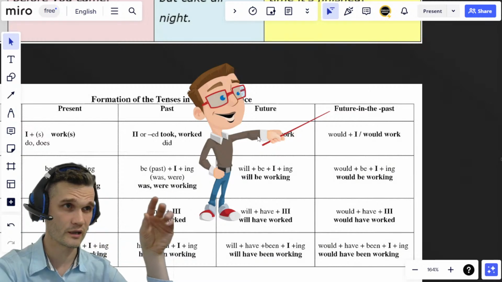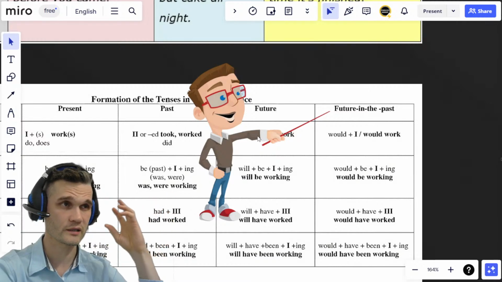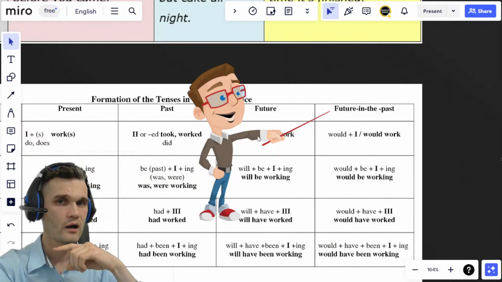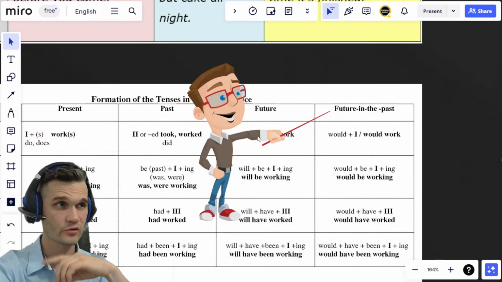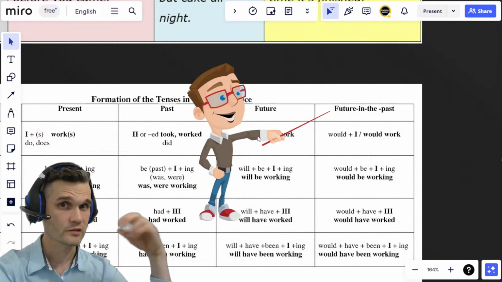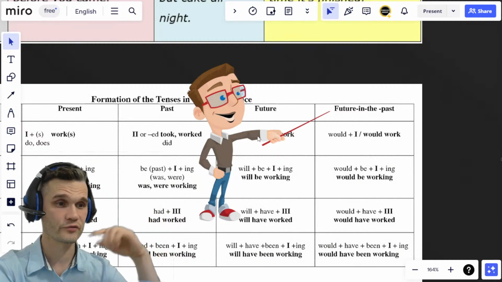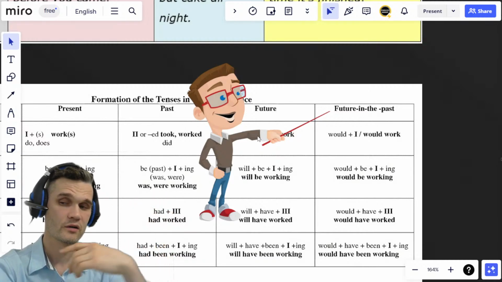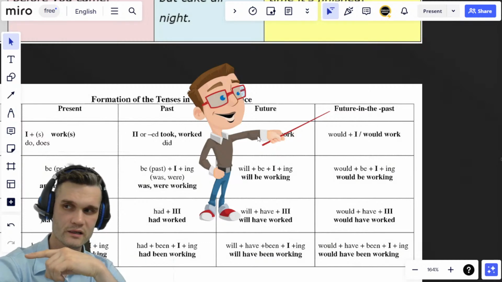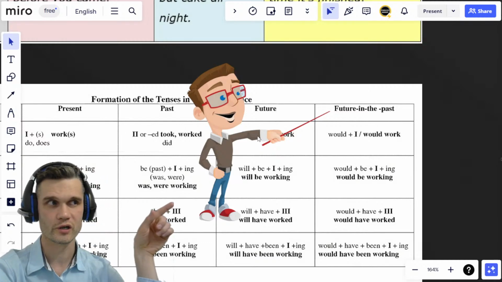So when someone in the past was talking about the future, it's future in the past, because for the people and things in the past, it would be future.